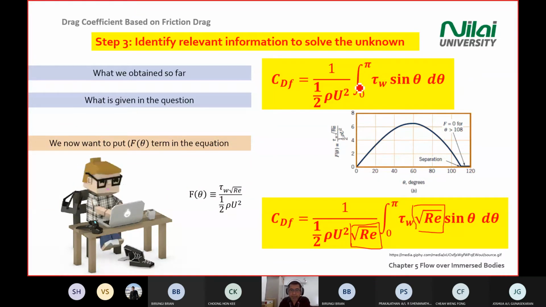So we need to balance the equation, and later at the end we will see this form. Once you create this, you pull the half rho u square into the equation, and you get this term.